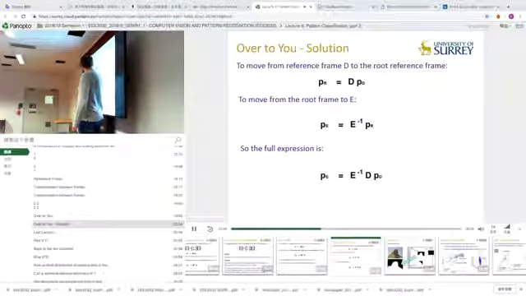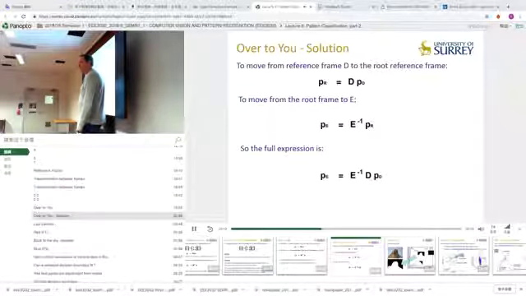We go from PD into our root reference frame by pre-multiplying by D, and then from the root reference frame, we go into frame E by pre-multiplying by E inverse. Because remember, it's the inverse that takes us from the root into the arbitrary frame.